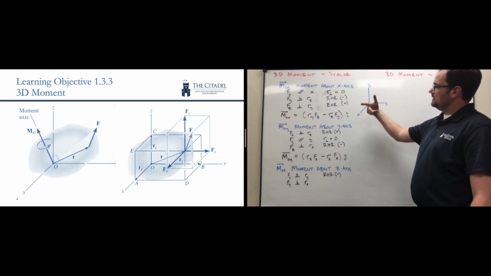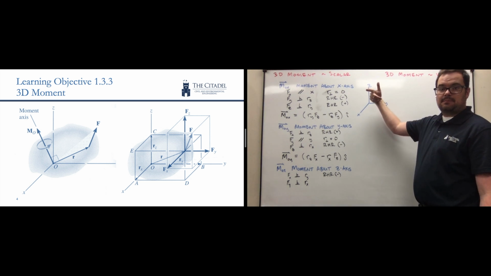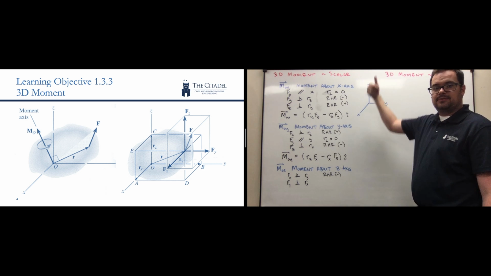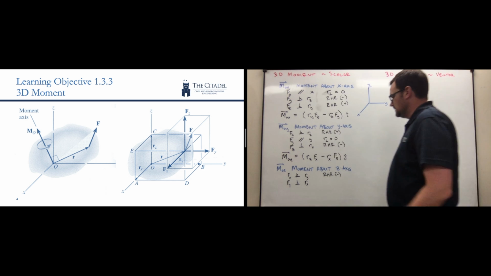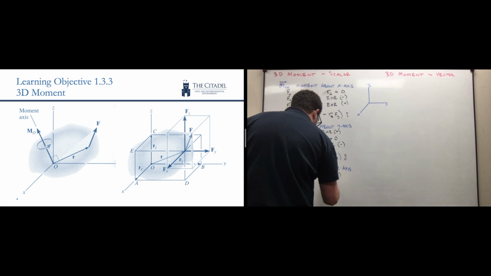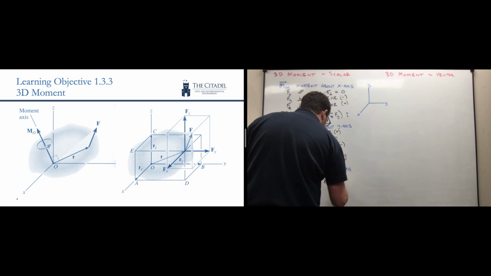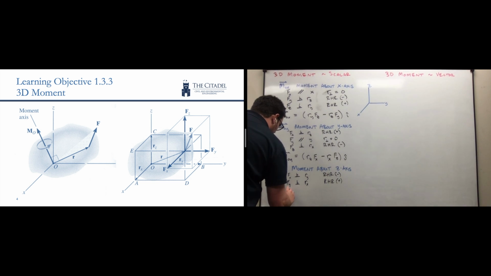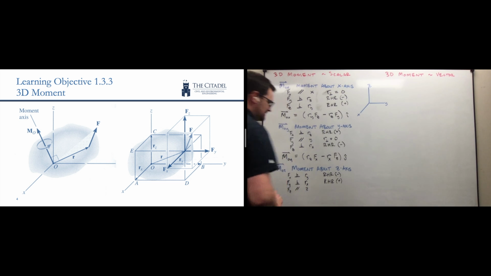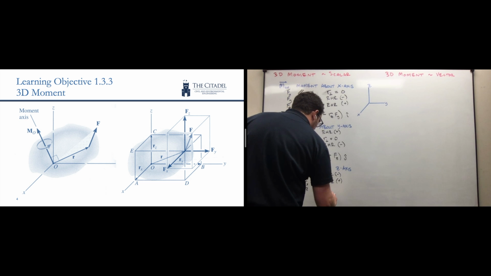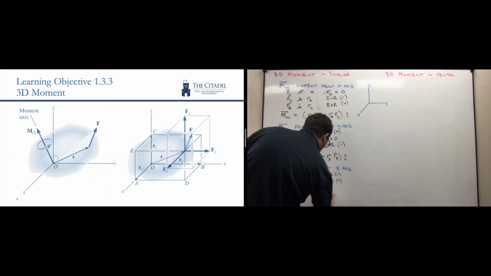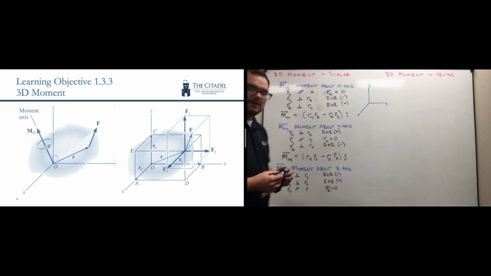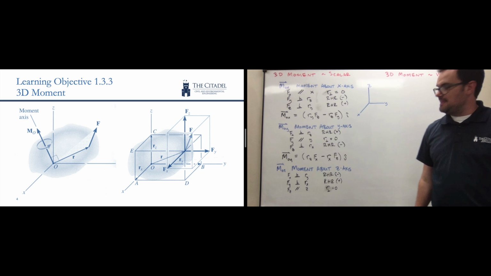So Rx cross Fy gives me the positive z direction, or R cross F, positive z direction like so, which means that my right-hand rule is positive. And then finally, if I think about the force Fz, it's going to be parallel to the z-axis because my perpendicular distance will be 0.